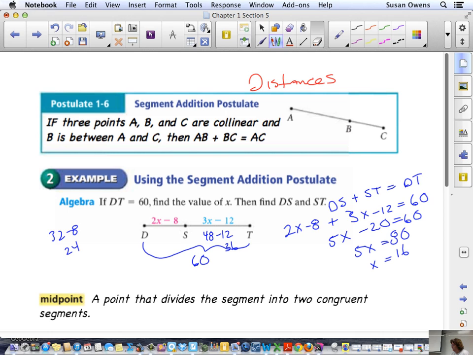And if I add those together, just a quick little check, do I get 60? Yes, I do, so I'm pretty confident. So don't leave your answers written all over the place. I'm going to write x equals 16, DS, the distance from D to S, is 24, and the distance from S to T is 36.